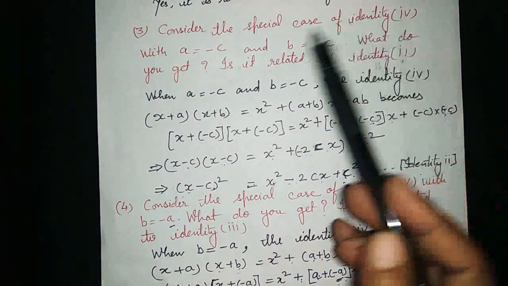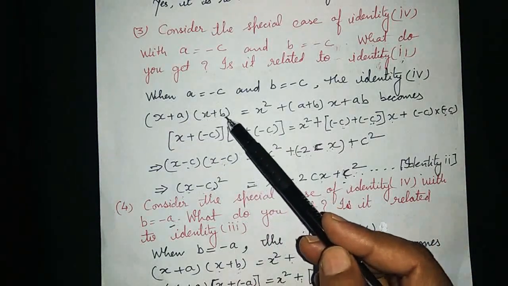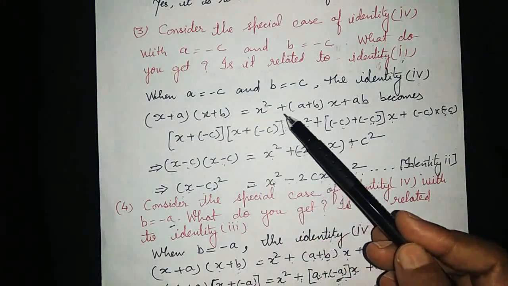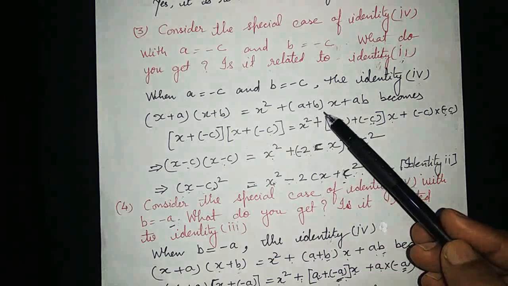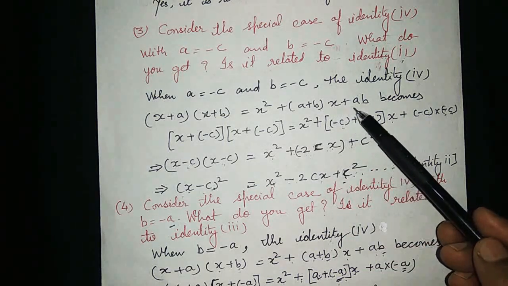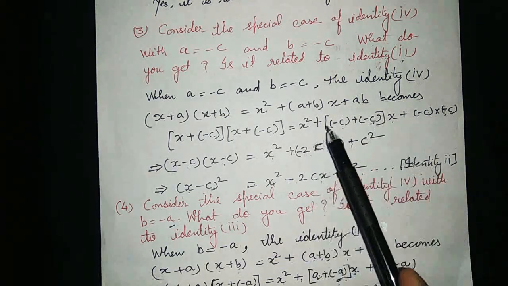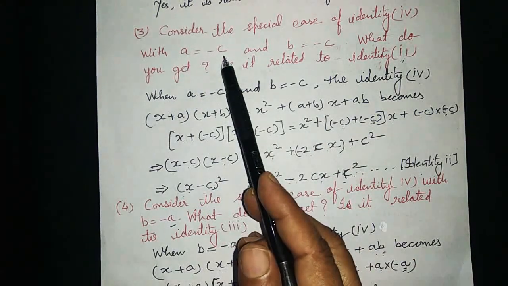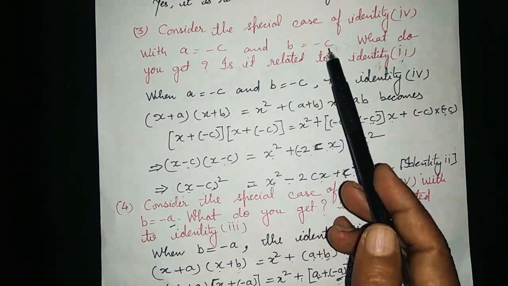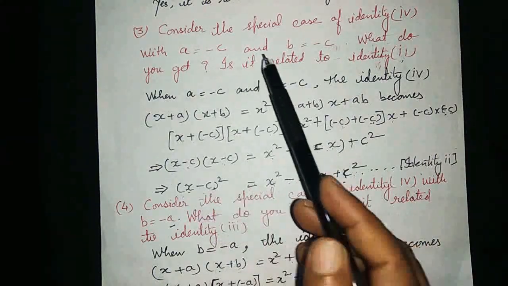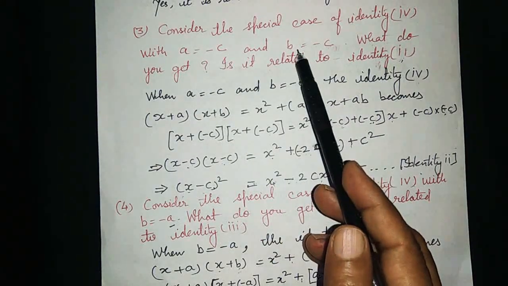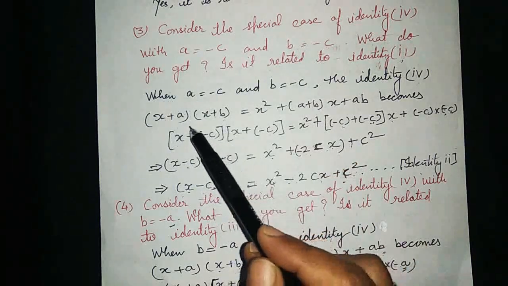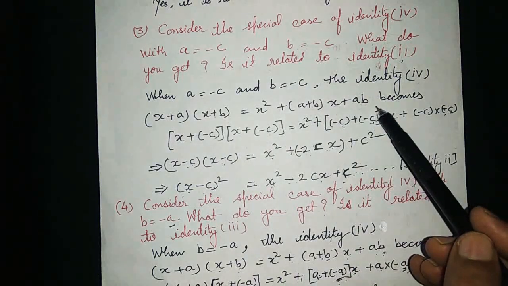Identity 4th is (x plus a) into (x plus b) is equal to x square plus (a plus b) whole multiplied by x plus ab. Here for a we have to take minus c, and for b we have to take minus c. So these values of a and b we will put in the 4th identity.